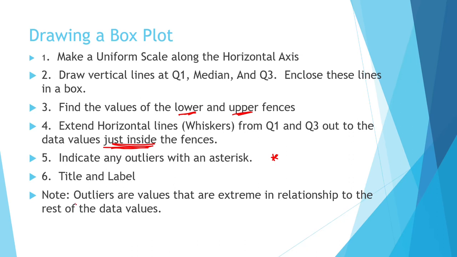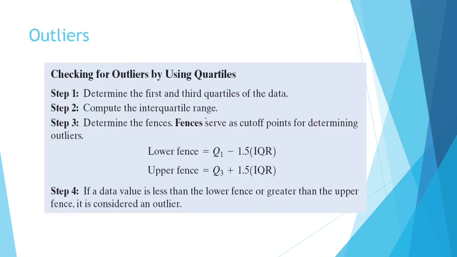Note, outliers are values that are extreme in relationship to the rest of the data values. In order to find outliers, we must first determine the first and third quartiles of the data, then compute the interquartile range, IQR, which is calculated by taking Q3 and subtracting Q1 from it. Then we can determine the fences.